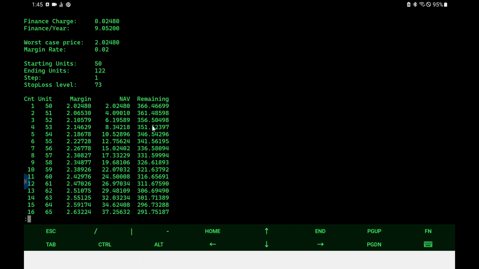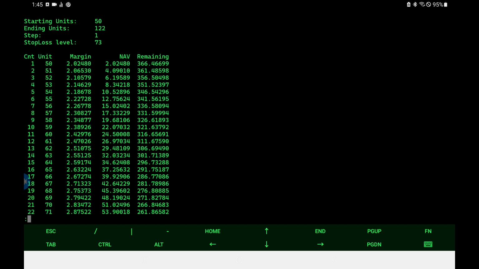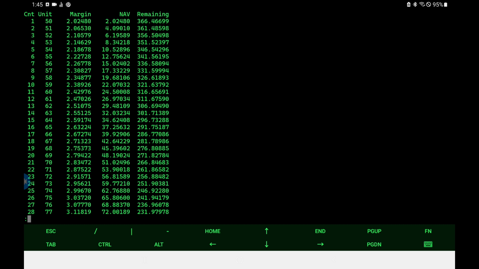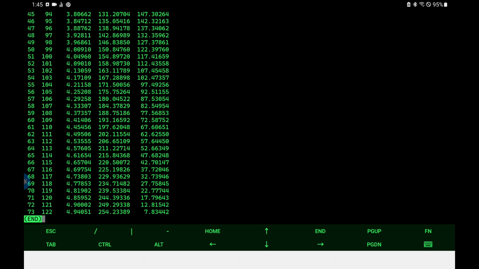So I know every step of the way exactly what I am trading, exactly how much I have in the market, and how much I have left. Even my worst case scenario. That is when I have exhausted my entire budget. I can see exactly what that is and how much I should have left on my account.